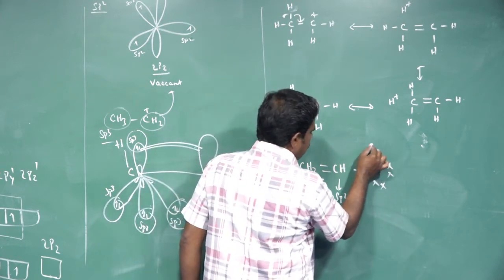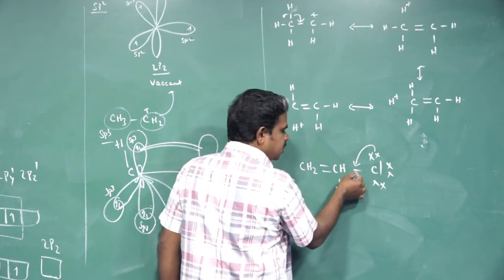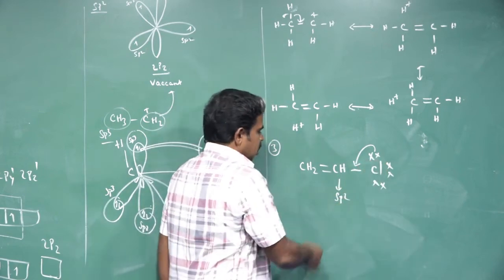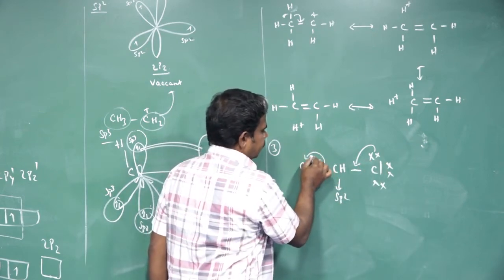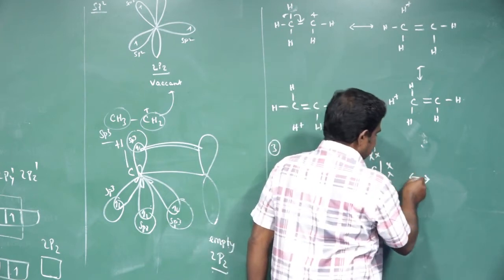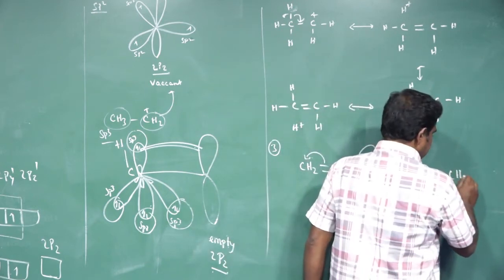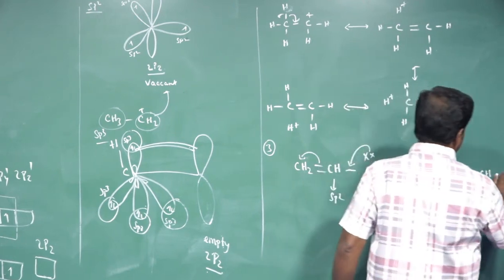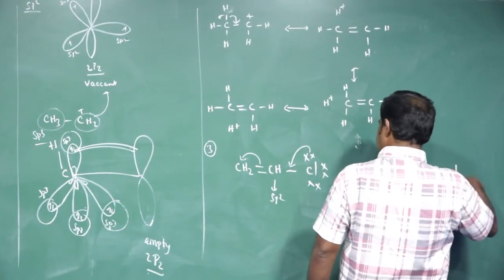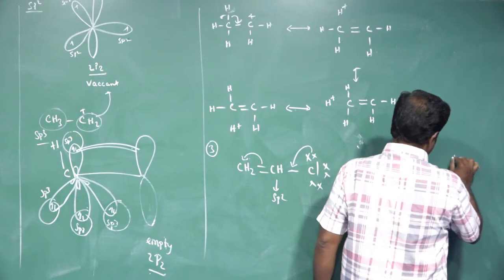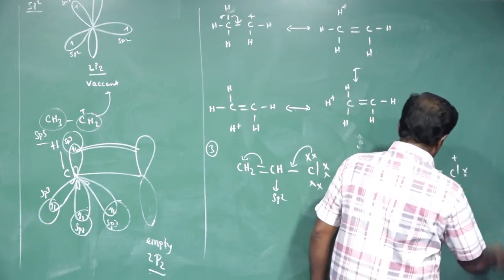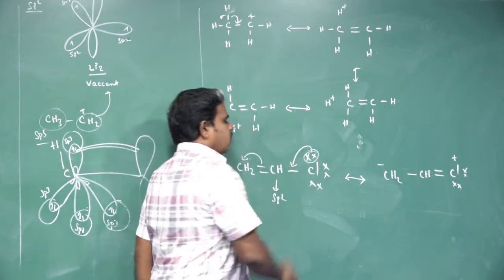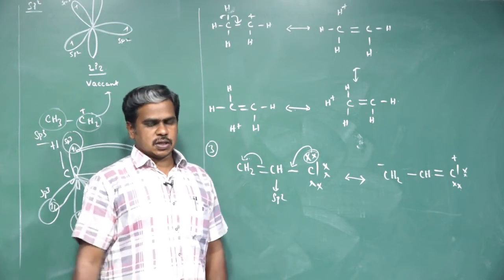The lone pair is moved towards that sp2 carbon, like a CH bond, so that the bond is going here. So we are getting the resonance stabilized structure, that is CH2 minus, CH double bond, then Cl with positive and 2 lone pairs. So we are getting hyperconjugation. Here the lone pair of electrons undergoes delocalization.